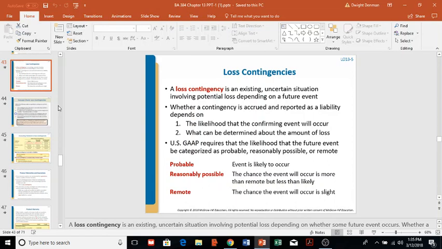So let's look at the first one. You've got three categories of likelihood that the confirming event will occur: probable, reasonably possible, and remote. It seems a little difficult to figure out which category an event fits.